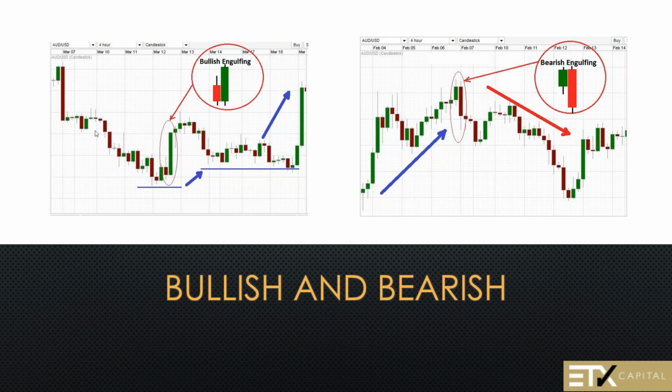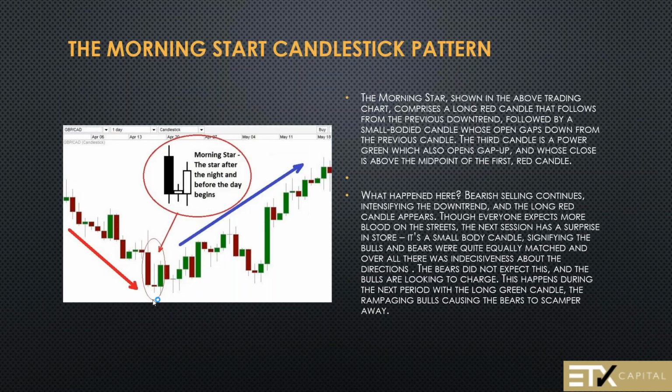Both of them are reversals. So what it's telling us is this downtrend is long over and we're going to get ready to move into an uptrend in a bullish engulfing. And a bearish engulfing is just the opposite, comes off of an uptrend and indicates we're getting ready to move into a downtrend.